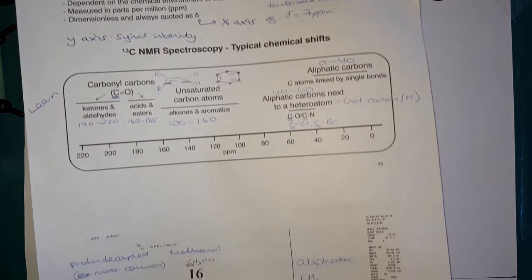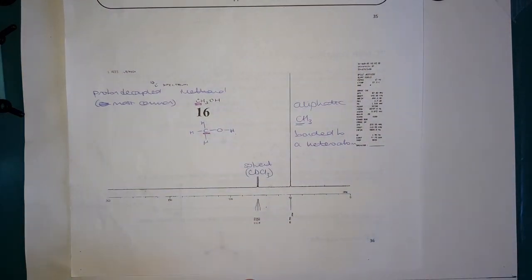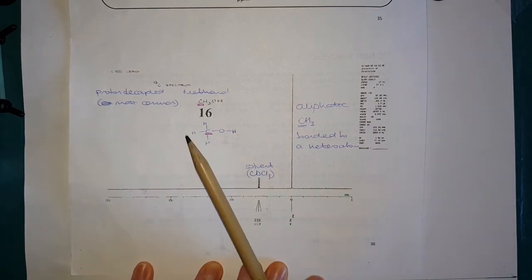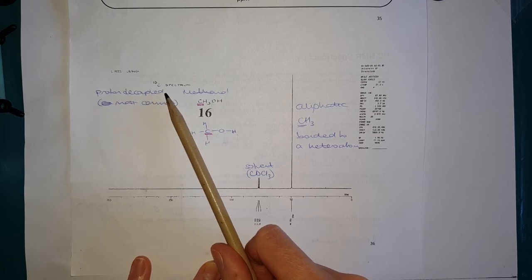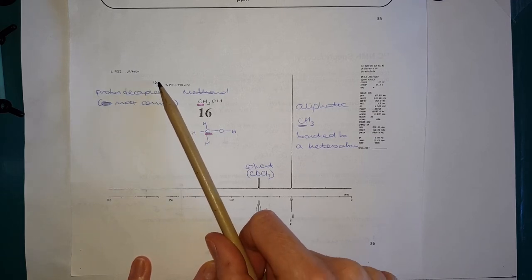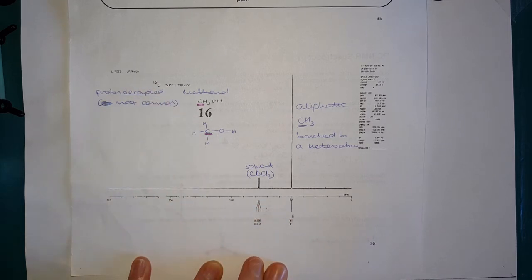We're going to start with something really simple, methanol. Our carbon spectra generally tend to be proton decoupled, and by that we mean that we simplify the peaks, because carbon-13 can interact with protons, with hydrogen atoms in the molecule, and form a much more complex spectrum.